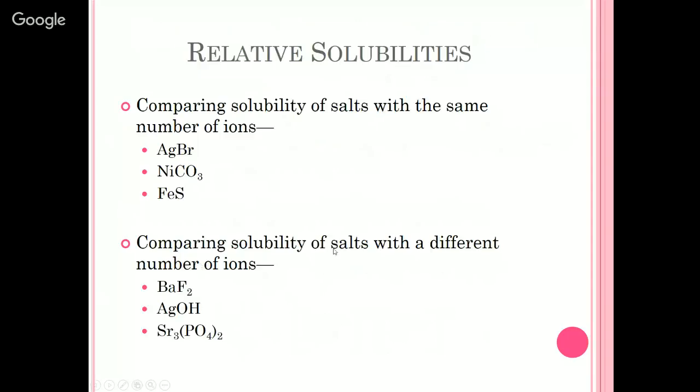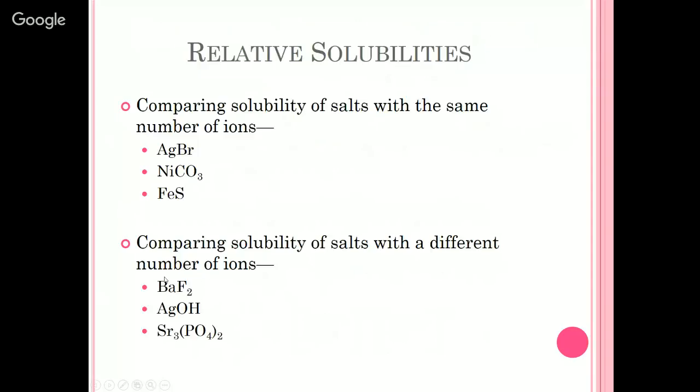Now, if we look at solubilities of salts with different numbers of ions, here barium fluoride gives a total of 3 ions, silver hydroxide 2 ions, strontium phosphate 5 ions. We cannot simply compare our Ksp values. We actually have to solve for x, because here, this is x, and this would be 2x squared.